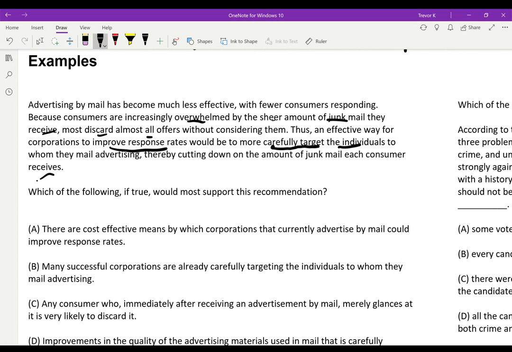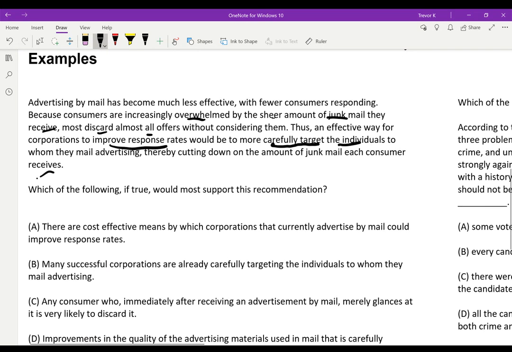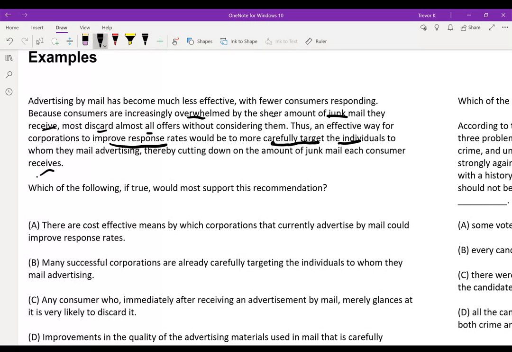All I have is that consumers are overwhelmed by junk mail, but I don't get any actual evidence that carefully targeting is going to improve response rates. I just get that sending them a bunch of mail is not working. So if I want to strengthen this, I'm going to need to support that. If I want to weaken this, I want to point that out.